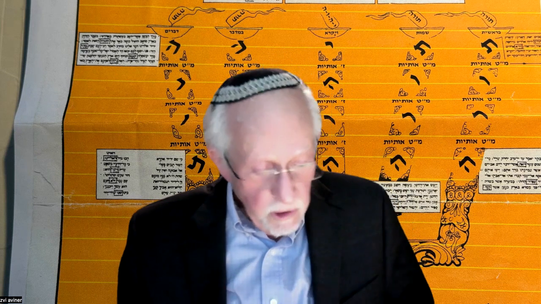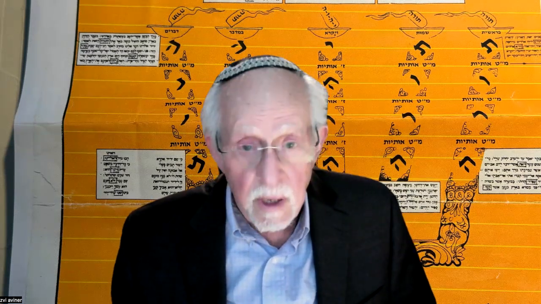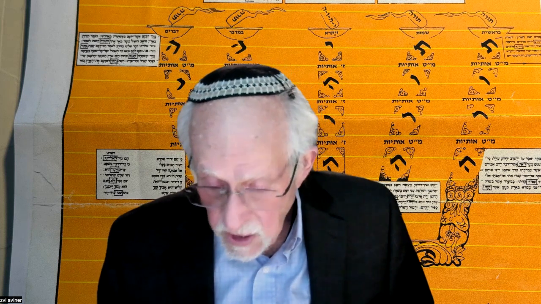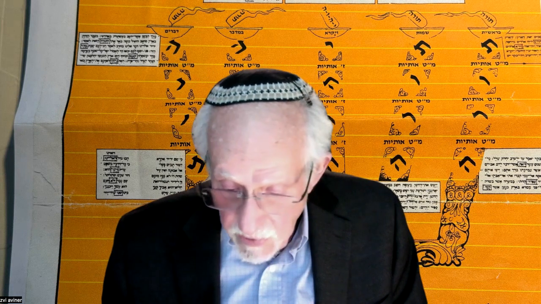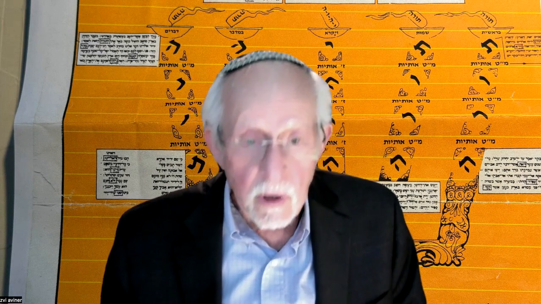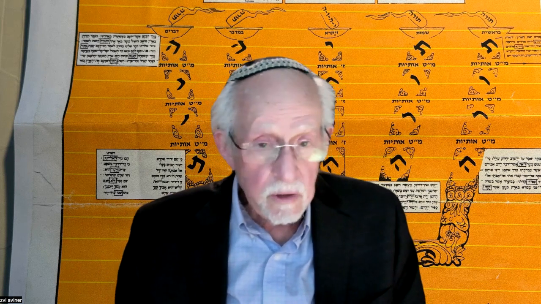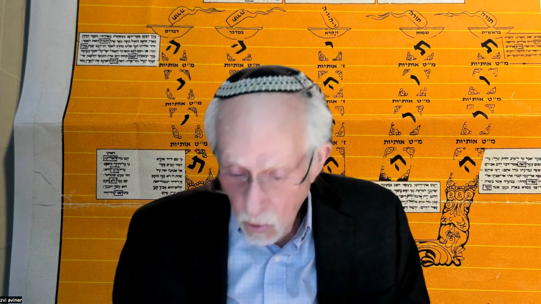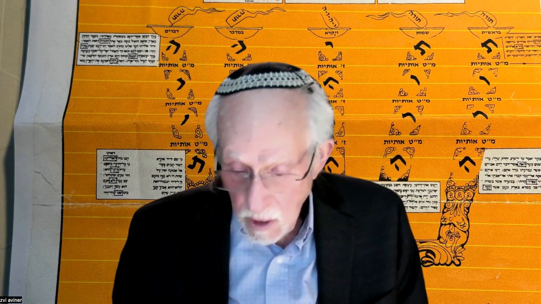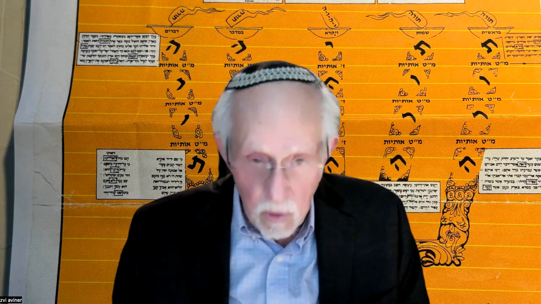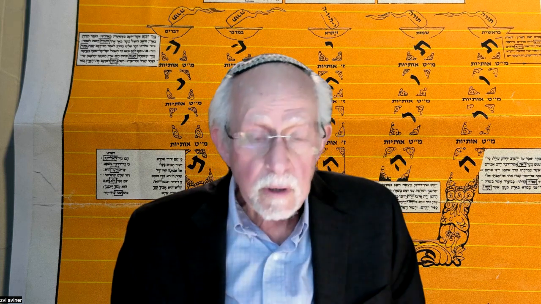So let's go back to the parsha that we read, and let's start there at the first verse. It said, and he called Moses, then Hashem talked to him. What a weird introduction. Who called Moses? It looked like two entities here. And he called Moses, comma, and Hashem talked to him.